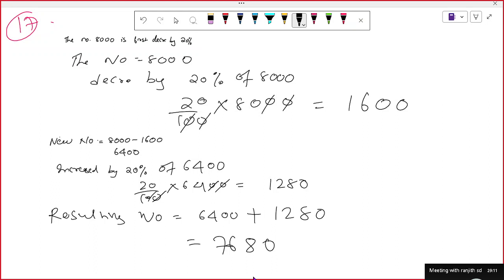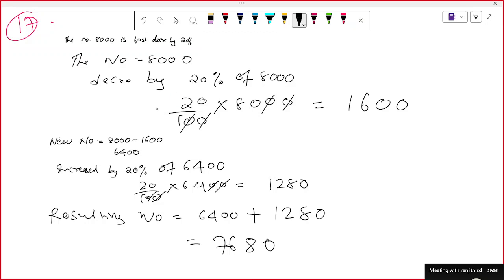How will you all do the 18th one? Can someone explain? First, what will you have to find? You have to find the decreased value, right? So what is the equation? 25 by 100 into 12,000. And whatever you get after that, the decreased value, you have to minus it. Then you get the new number.